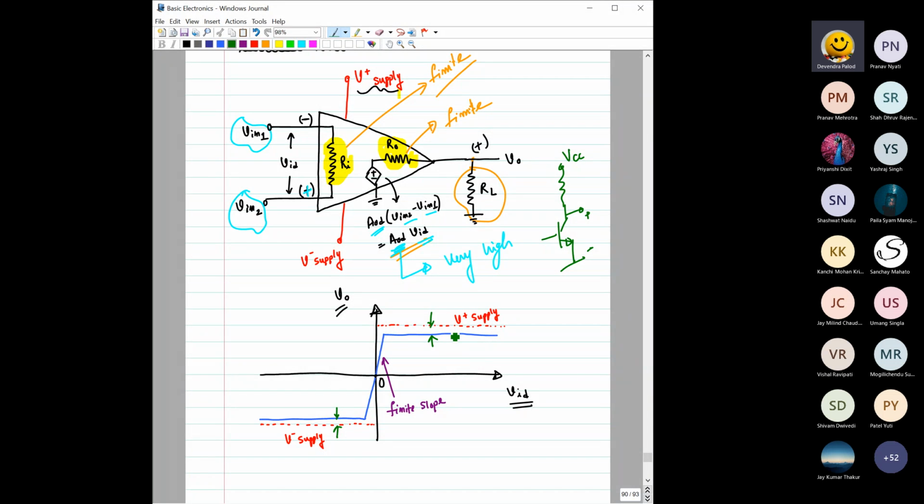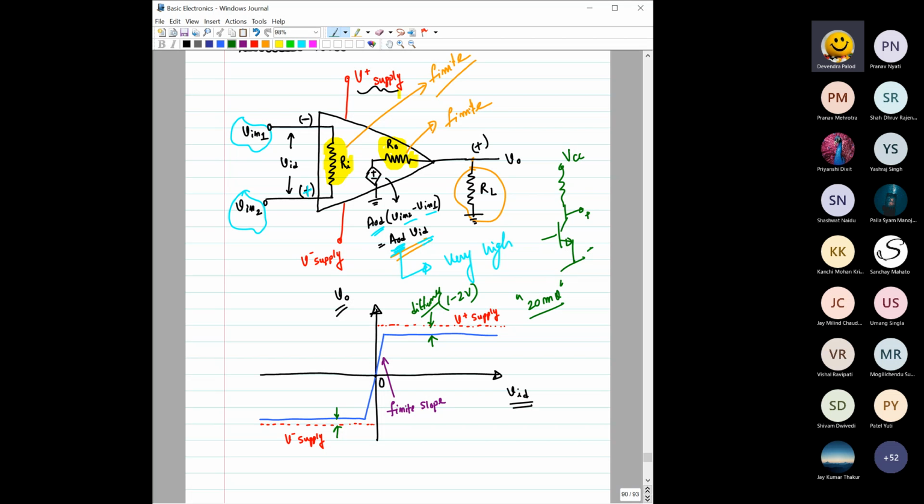So depending on which technology you are using, this difference can be 1 to 2 volt from the supply voltage, or it can be as low as 20 millivolt. You will never get exactly equal to V positive supply or V negative supply. It will always be a bit lower than the supply voltages, and that difference will depend on the technology of op-amp, the inside circuitry.